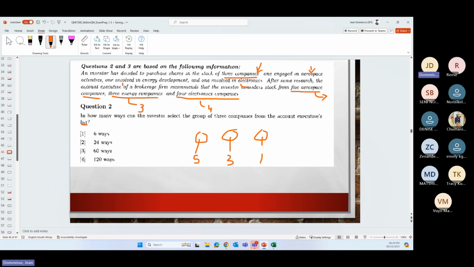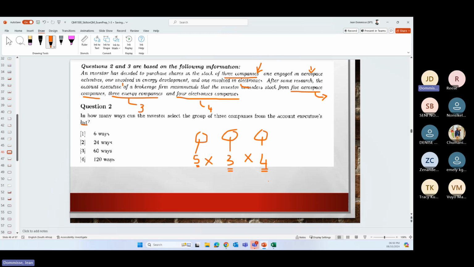One must be involved in electronics. So for that first one, there are 5 possibilities. For the second one, there are 3 possibilities. For the third one, there are 4 possibilities.